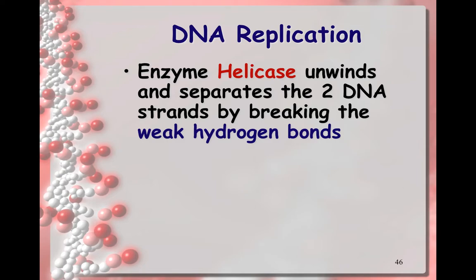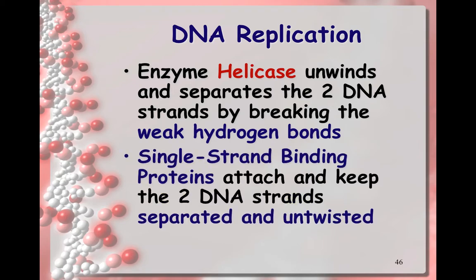They make sure that things can happen. So helicase is an unwinding enzyme. The single strand binding proteins attach and keep the two DNA strands separated and untwisted. So there are proteins that are attached, and they just make sure that those two DNA strands stay separated.